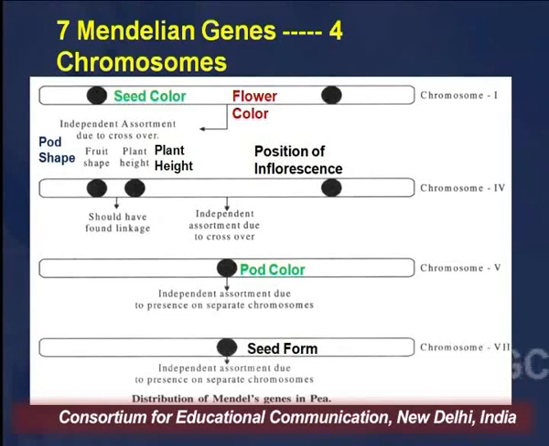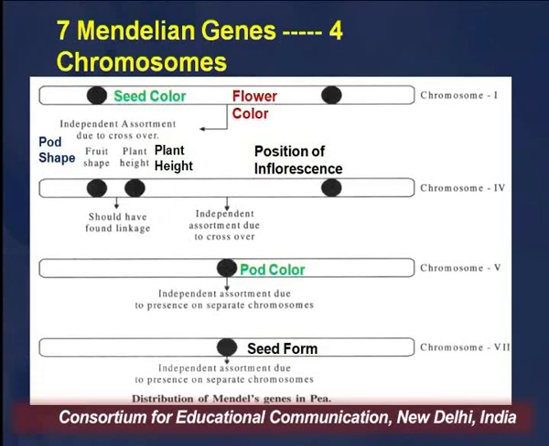If one looks critically but briefly at this slide, you will find that on chromosome number 4 there are 3 characters, or now we can call them genes, and out of them 2, the pod shape and the plant height, are too close to each other.